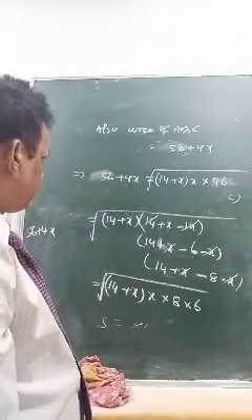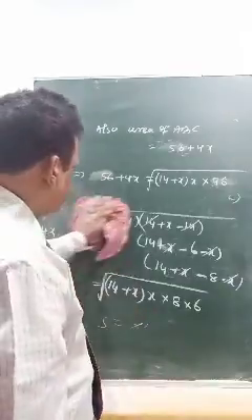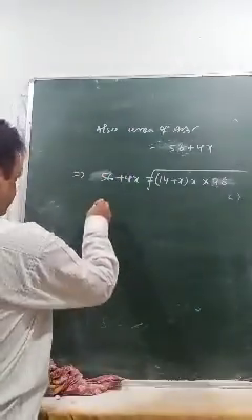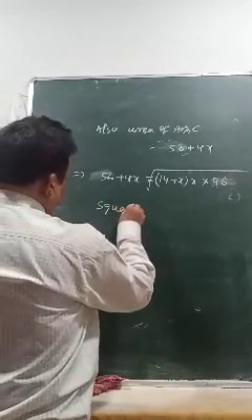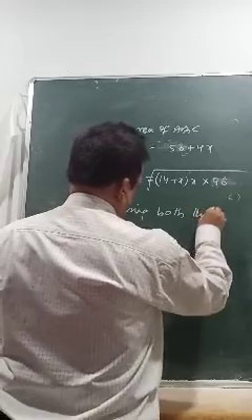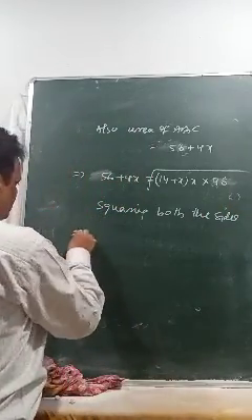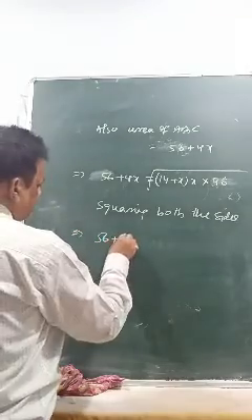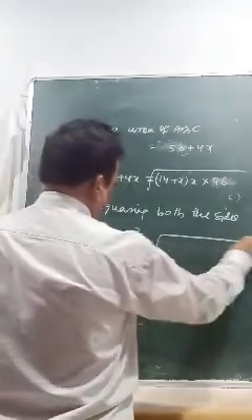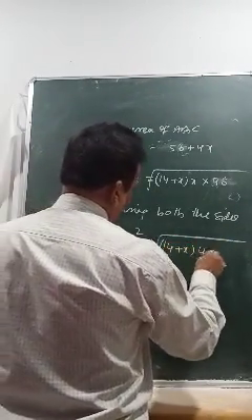How to solve? Now you have to simplify, squaring both the sides. What do you get? 56 plus 4x whole square equals 14 plus x into 48x.